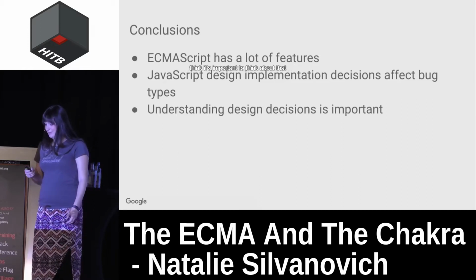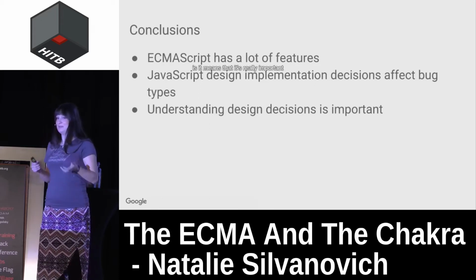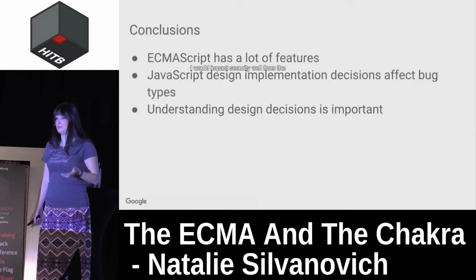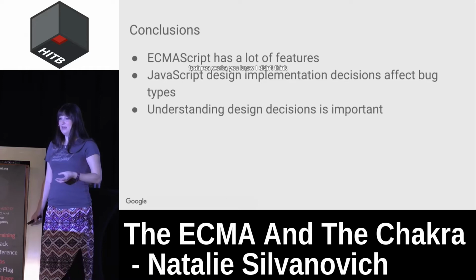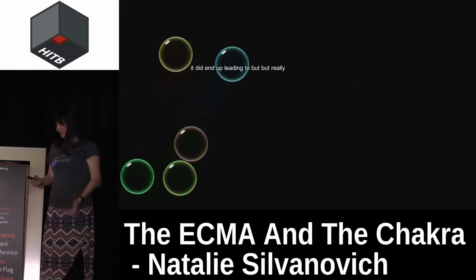So as developers, I think it's important to think about that in the design. And I think as bug finders, it means that it's really important to understand the design and understand how it impacts security. Both from the side, if you're looking for more bugs, I think figuring out how the main features work. I didn't think it would lead to quite as many bugs as it did end up leading to.